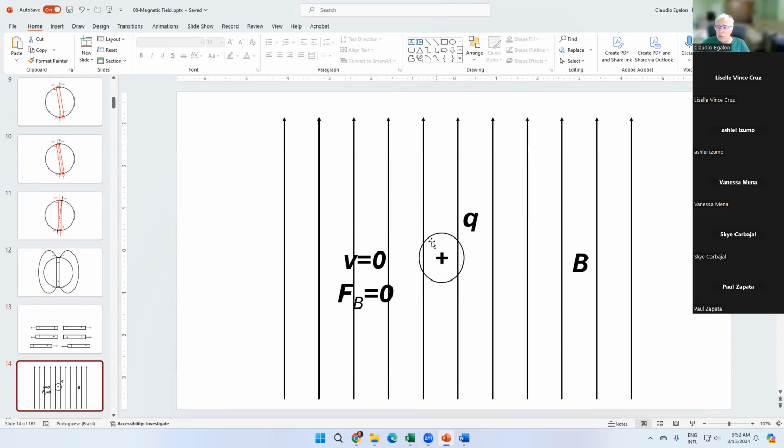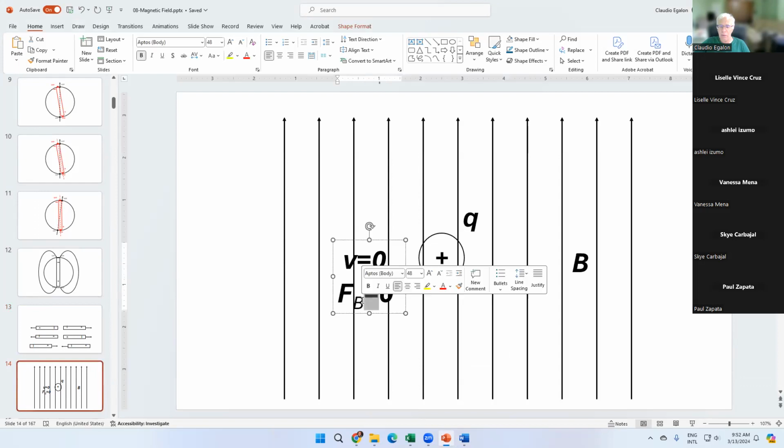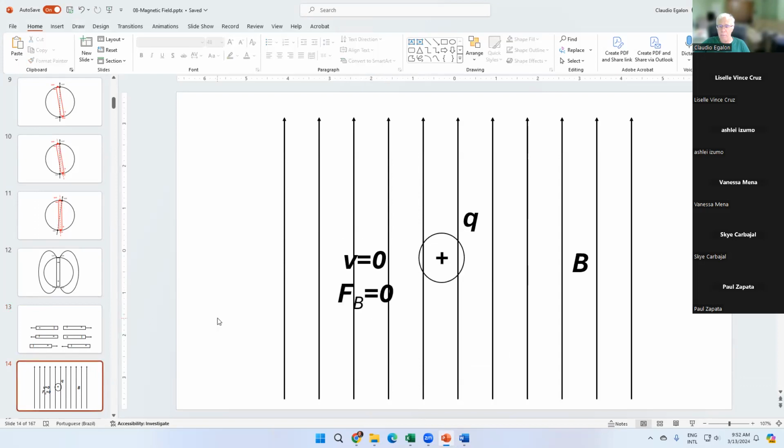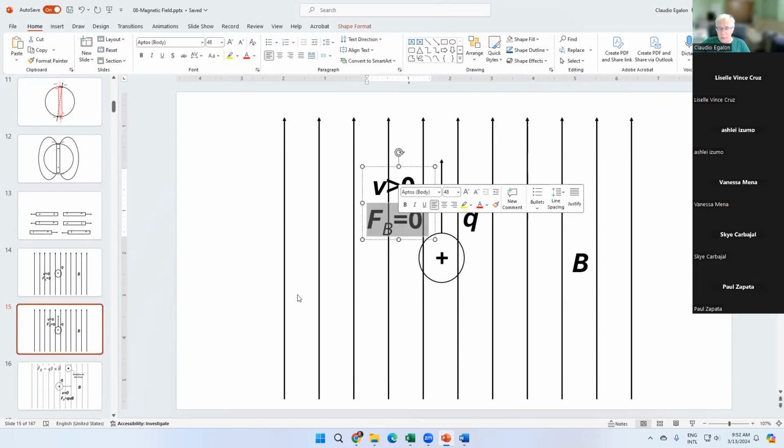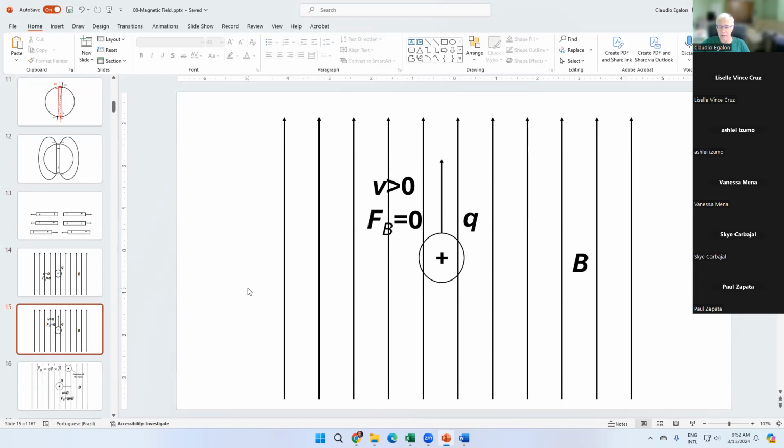If a charge is at rest, it doesn't matter if it's positive or negative, the charge is not going to feel any force whatsoever. Simple enough? Now, suppose that this charge is moving along the magnetic field lines, parallel. It still doesn't feel any force whatsoever. That's what we observe in practice.